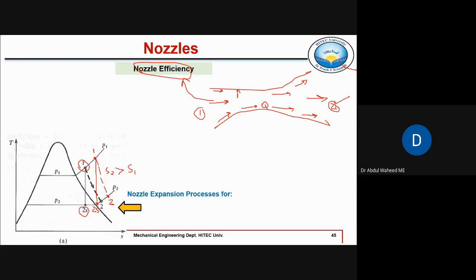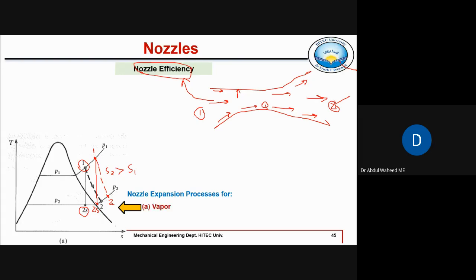In the case of a steam nozzle, this is the steam coming from the boiler. But the main thing is that we should know the difference between 2s and 2. From this topic onwards, we will use the subscript s for isentropic, and no subscript for the actual or non-isentropic process.